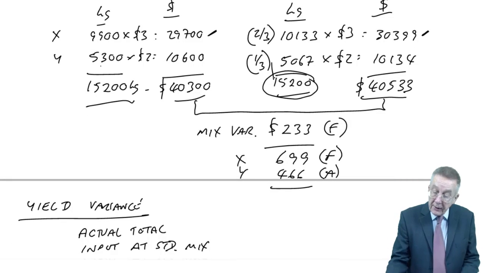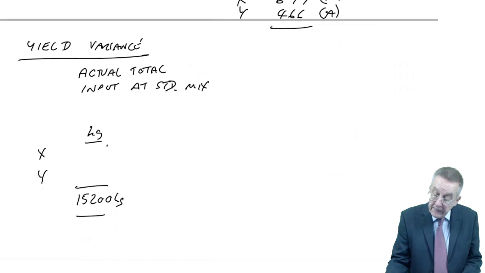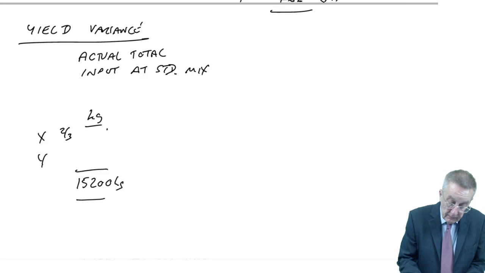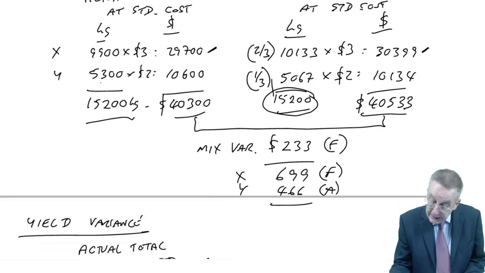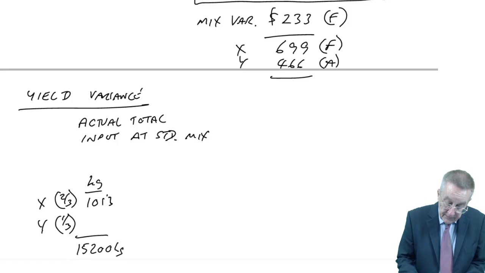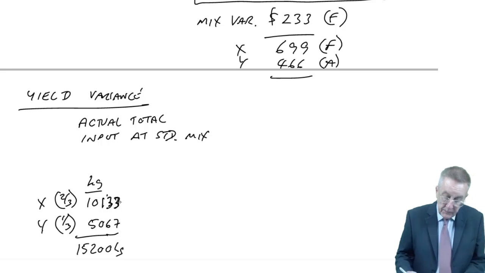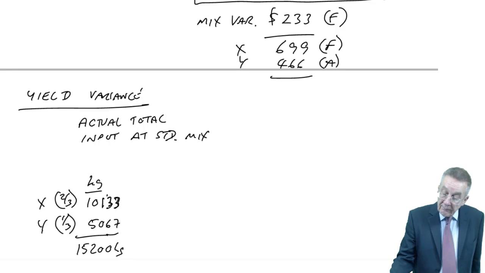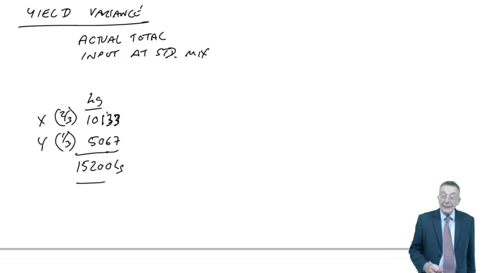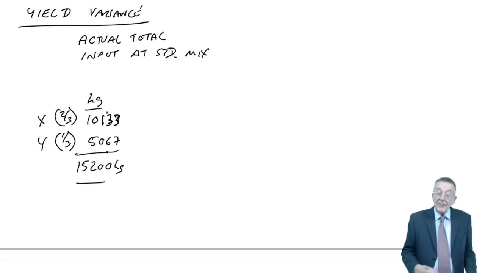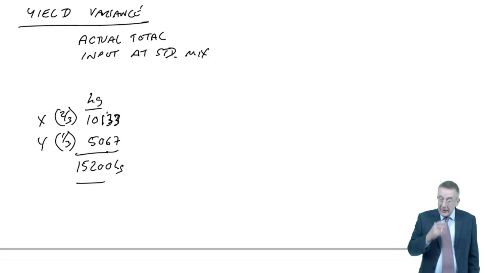It should have been 2/3, 1/3, which was 10,133 and 5,067. So that's what we actually bought in total at standard mix, because I've dealt with mix variance.